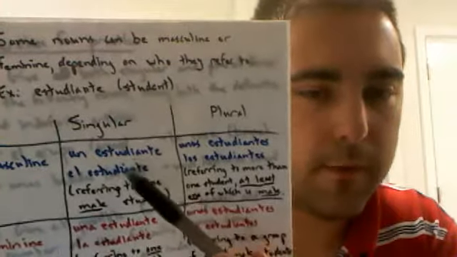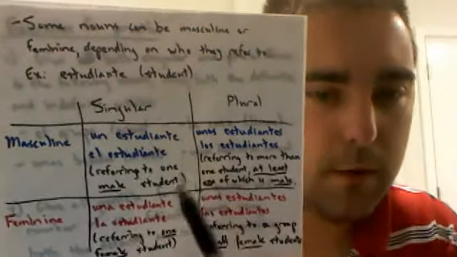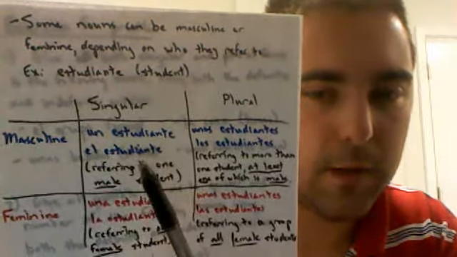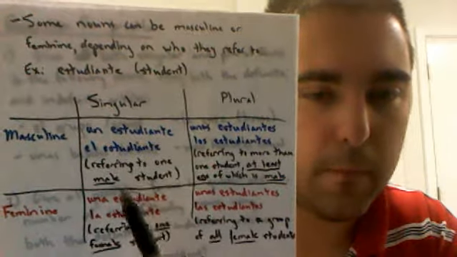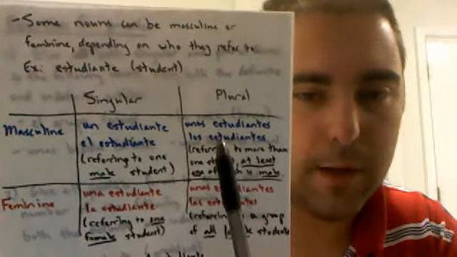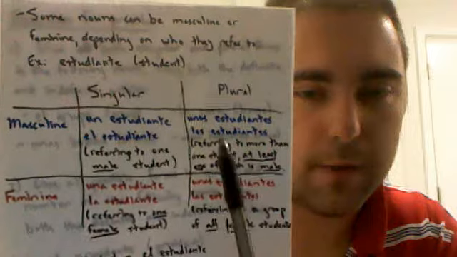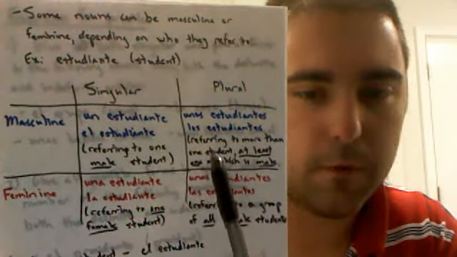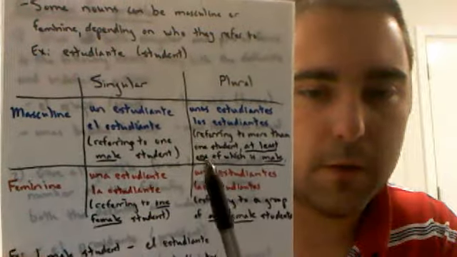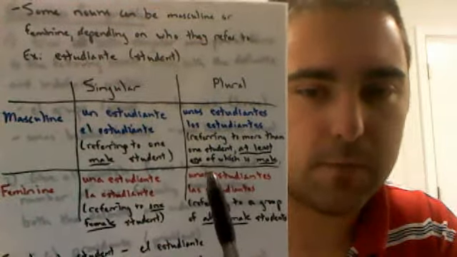Some nouns can be masculine or feminine depending on who they refer to. So for example, estudiante, which means student. Masculine, you can have un estudiante or el estudiante, referring to one male student. And plural, unos estudiantes or los estudiantes, referring to more than one male student, or referring to more than one student, at least one of which is male.